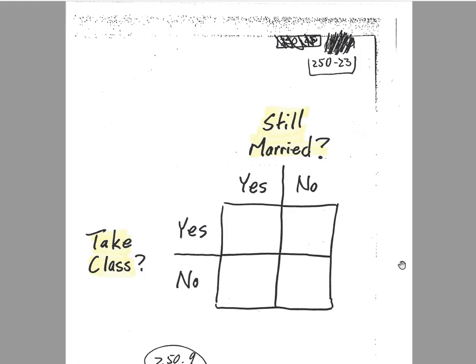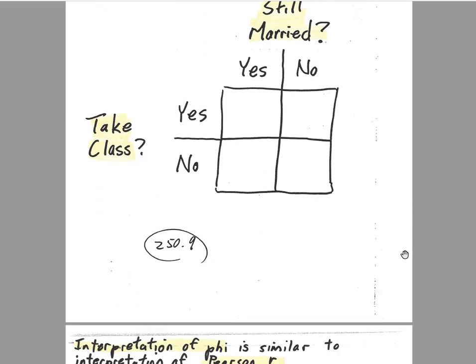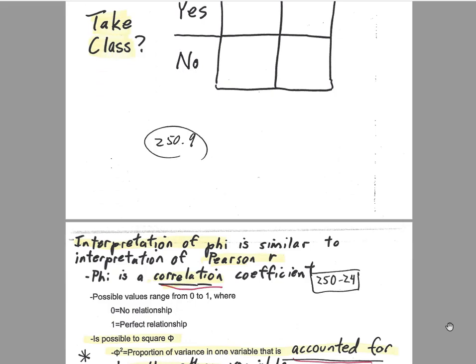They'll say either yes or no. The second question, are you still married today? They will say either yes or no. Notice we're ignoring the business about are you divorced, are you separated. We're boiling it down to something more simple. It is now a 2x2 table, and we could use the Phi coefficient as an index of effect size to represent the strength of the relationship between the variables.